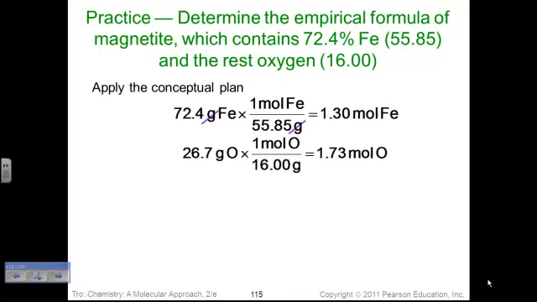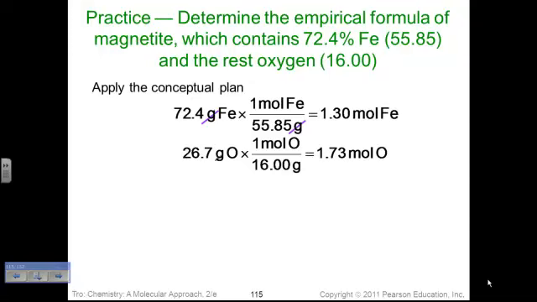When you hit for oxygen, its mass of 26.7 divided by the atomic weight of 16 was 1.73 moles of oxygen.